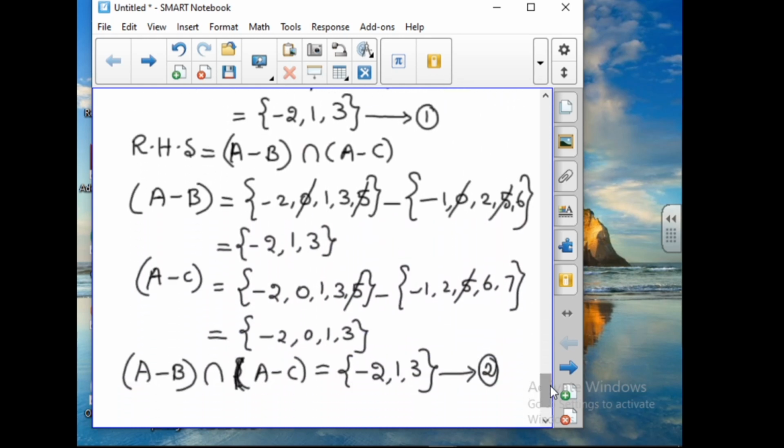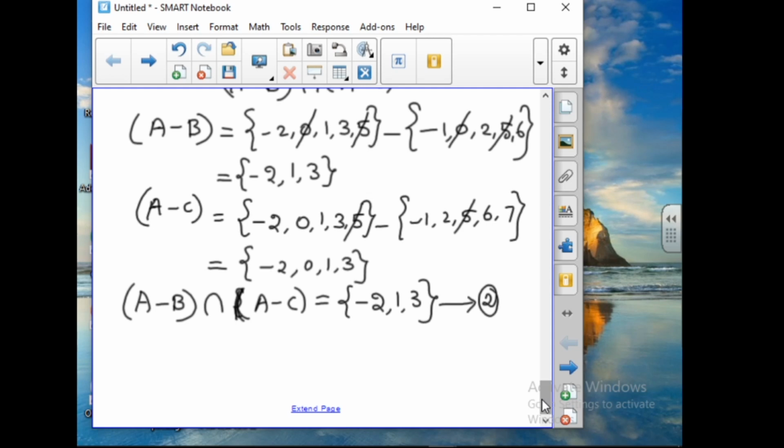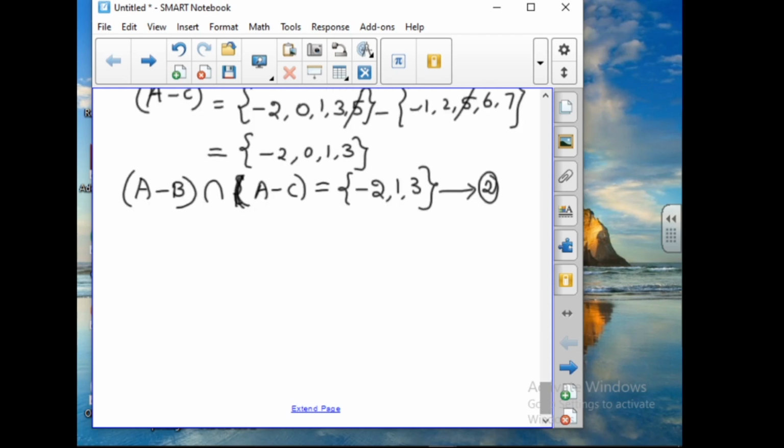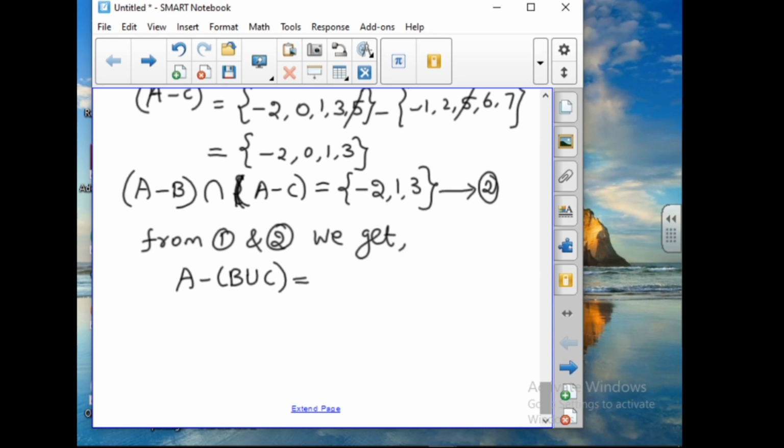For this also -2, 1, 3. So from 1 and 2 we get, if the right hand sides are equal, left hand side also equal. So A difference B union C equal to A difference B intersection A difference C. Hence proved.